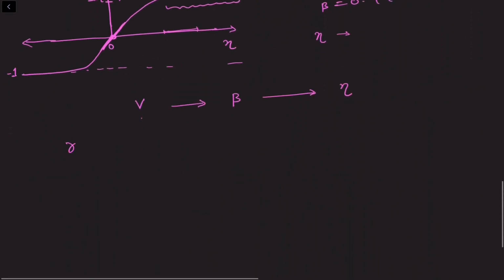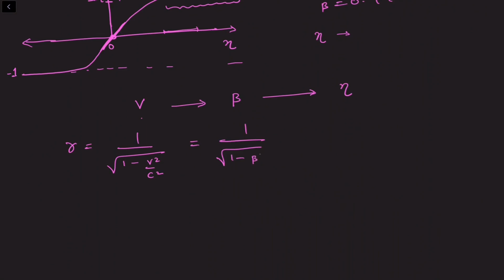So gamma, which is 1 over the square root of 1 minus v square by c square, is the same as 1 over square root of 1 minus beta square, which is the same as 1 over the square root of 1 minus tan hyperbolic square of eta, which is nothing but the cosh, the cosine hyperbolic, of eta, or the rapidity.